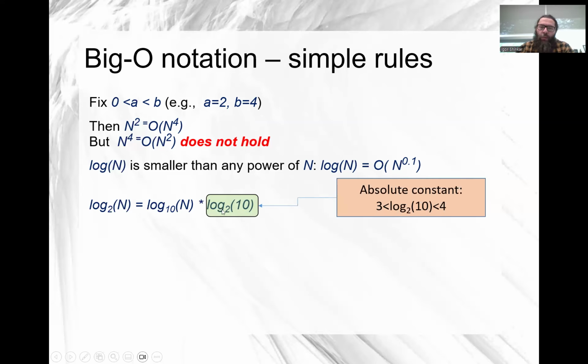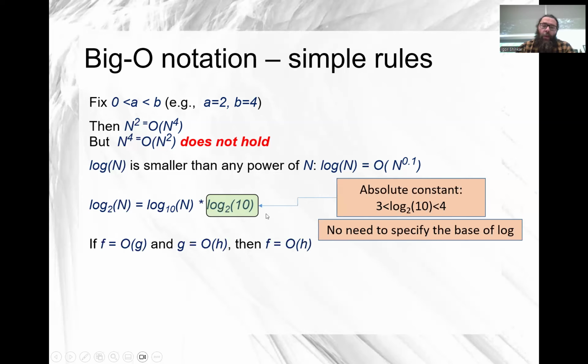If it was 16, we would have 4. So it's in between. My point is, when I write O of log n, we don't need to specify the base because the constant in the O notation will simply hide this factor. So I'll simply write O of log n, and it's fine, and it doesn't matter what the exact base is.